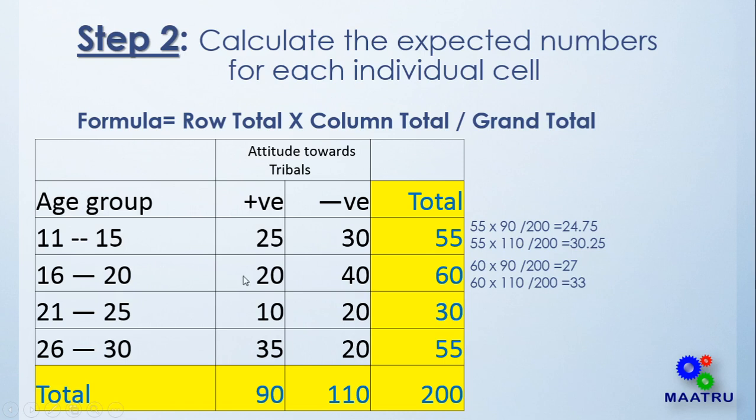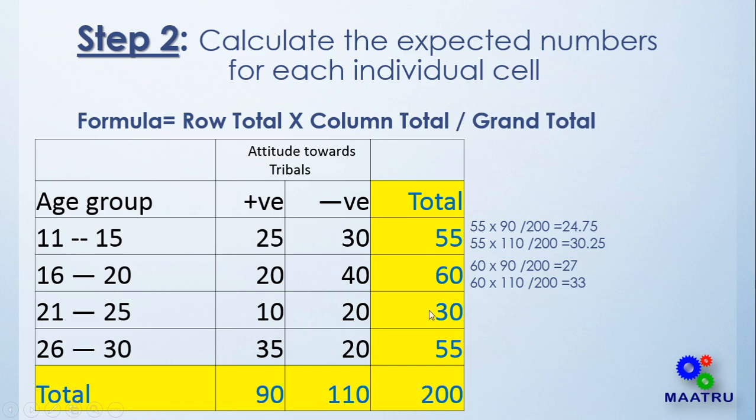Same way, moving to row 2 column 1, the row 2 total is 60 and the column 1 total is 90. Here 60 into 90 divided by grand total 200 is 27. For the second column, that is row 2 and column 2, it is 60 into 110 divided by 200 grand total, which gives us the value 33.